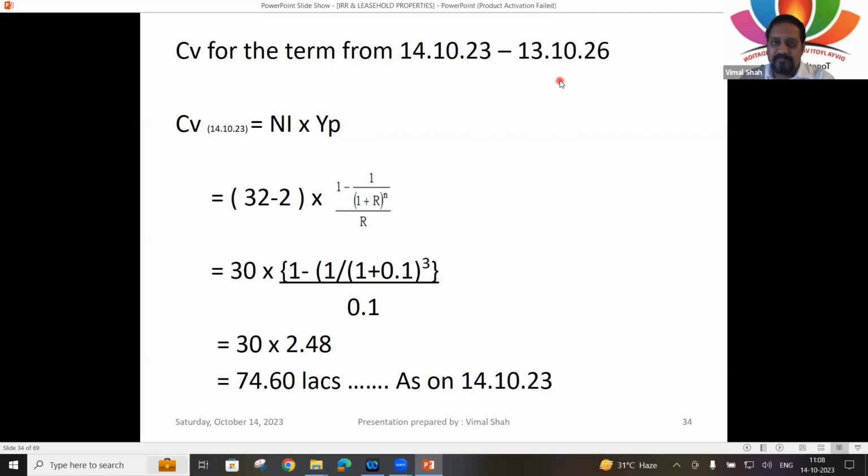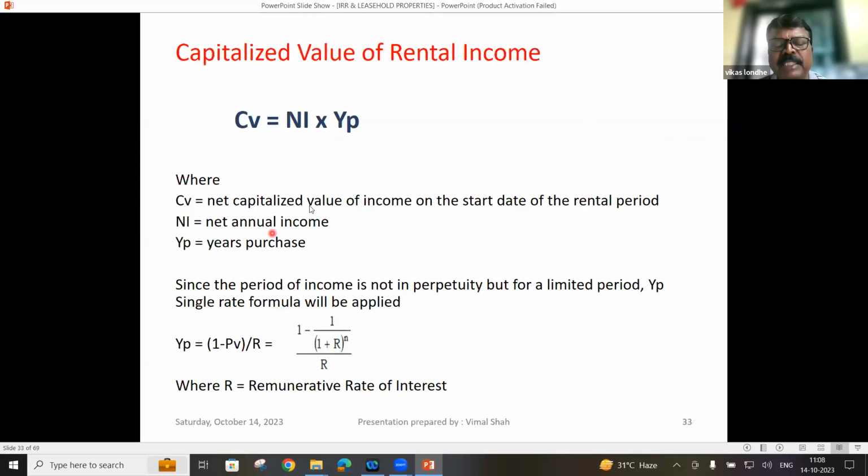Yeah, Vikas. Sir, 2 lakhs per year. So for a period of 3 years, it will be expenditure, Sir, 6 lakhs.